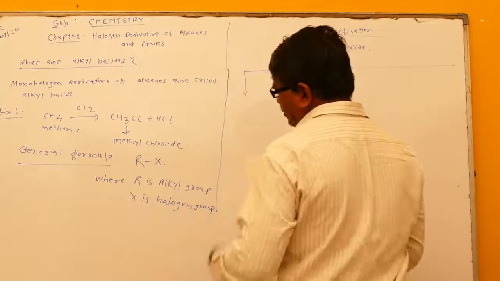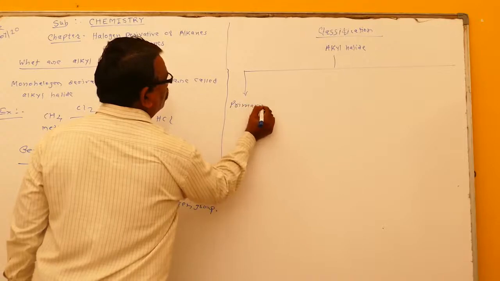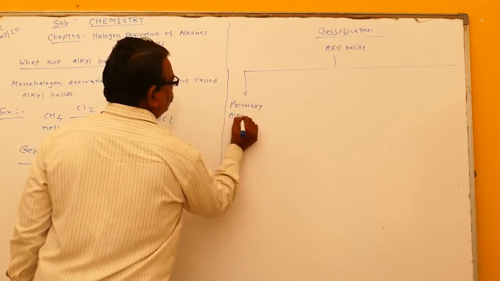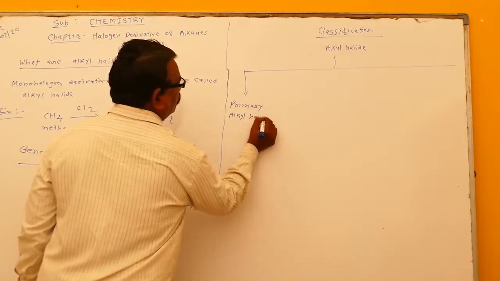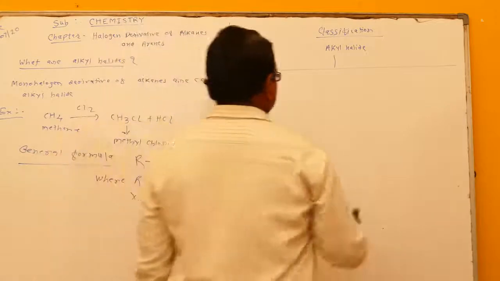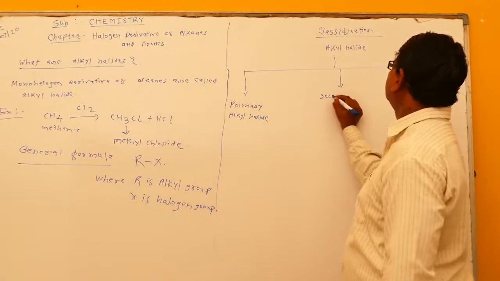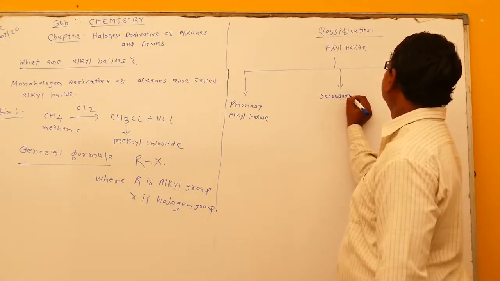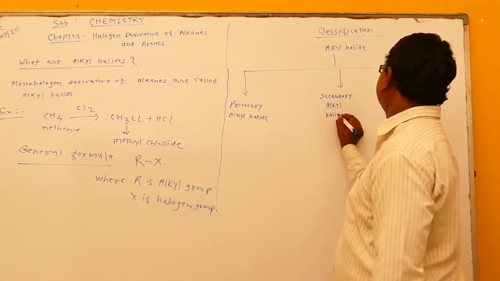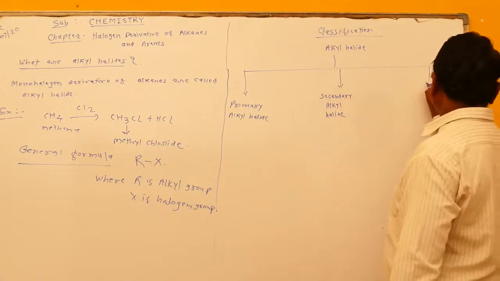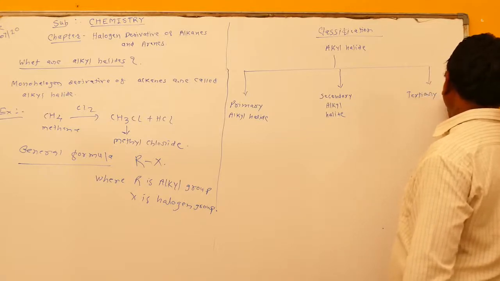First is primary alkyl halide, second is secondary alkyl halide, and the third one is tertiary alkyl halide.